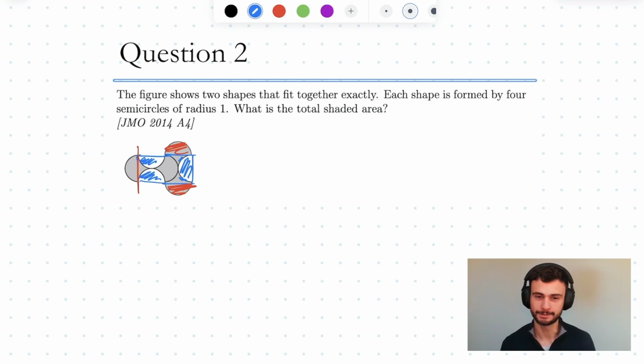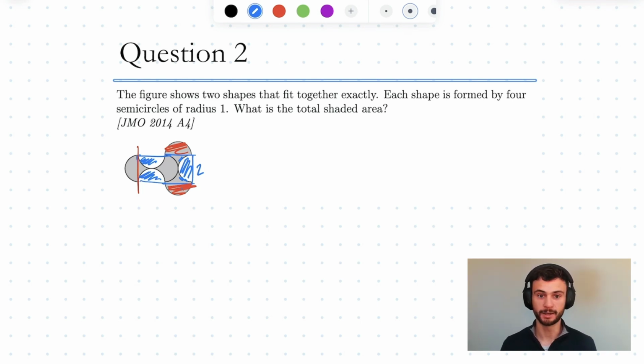which makes it really neat because now we just have a rectangle and we can work out the area of that rectangle relatively simply. So we know each radius of the circle is 1. So the height of the rectangle is 2. We've got 2 semicircles along, or 2 diameters along the base of the circles.